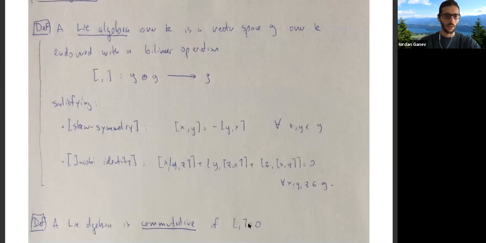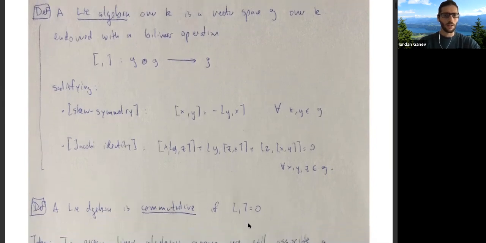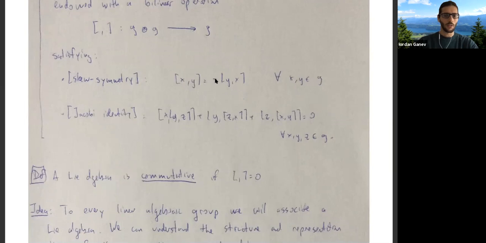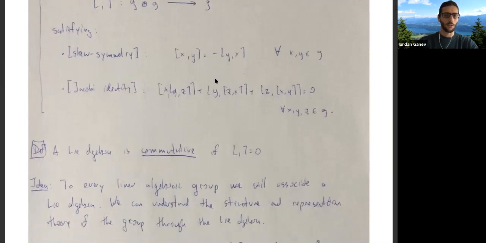We'll see examples soon enough. We say it's commutative if this bracket is just 0 for all vectors x and y. The idea of Lie algebras and the connection to linear algebraic groups is that we'll associate a Lie algebra to every linear algebraic group.